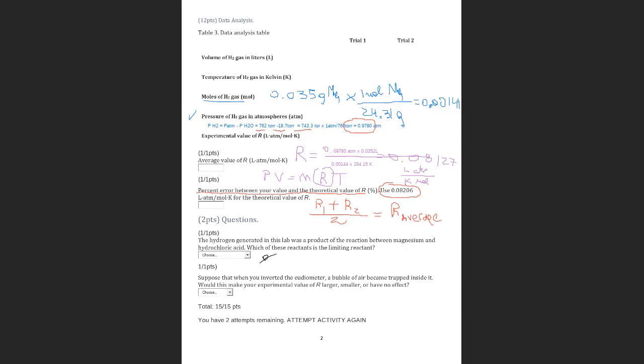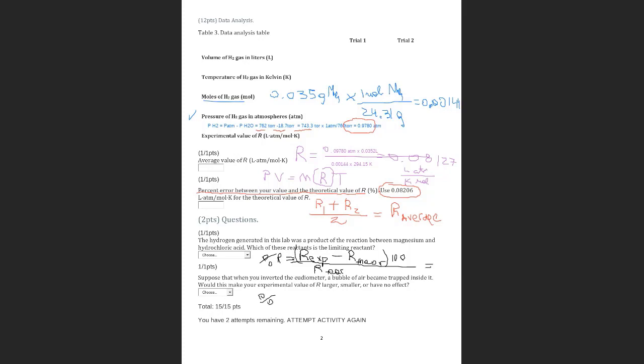The percent error of the R is going to be the experimental value of R that you obtain minus the theoretical value that is given, divided by the theoretical value, multiplied by 100. This is the formula.